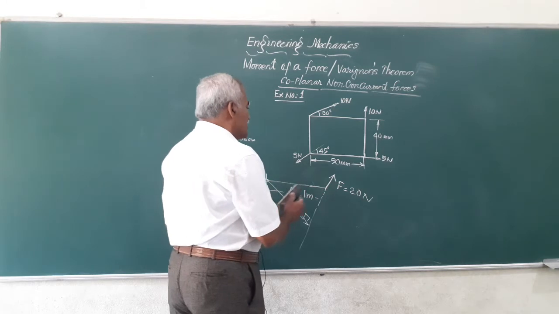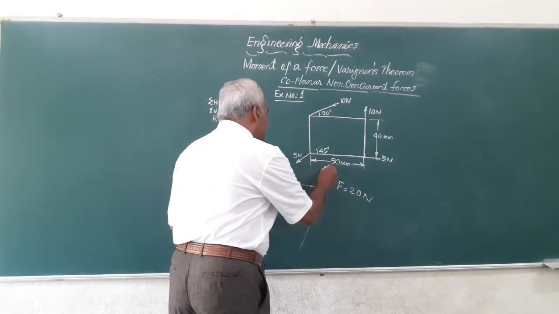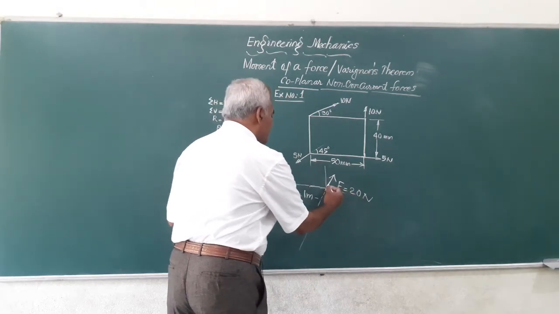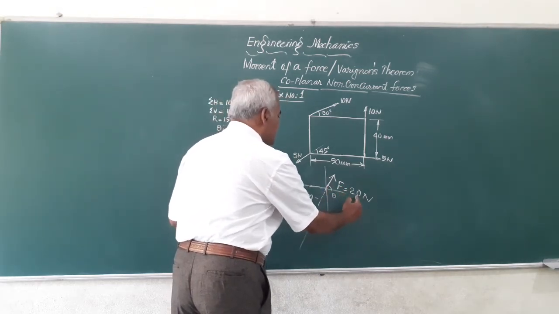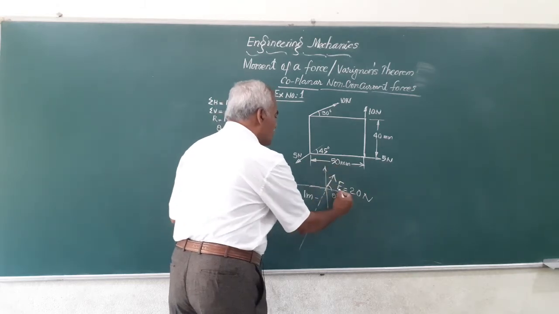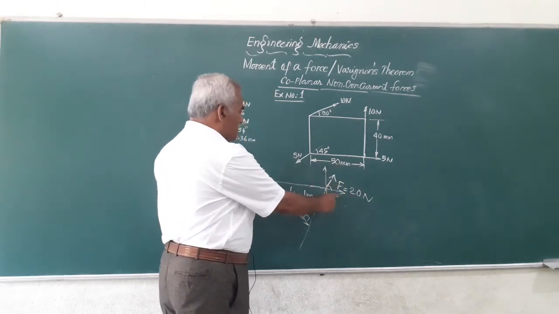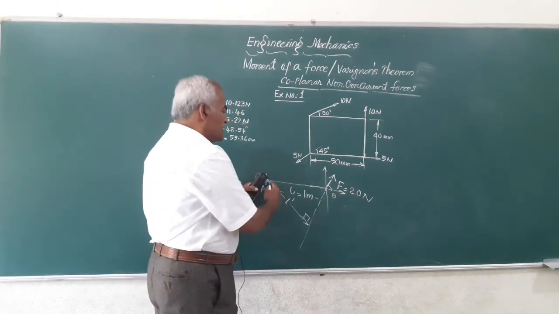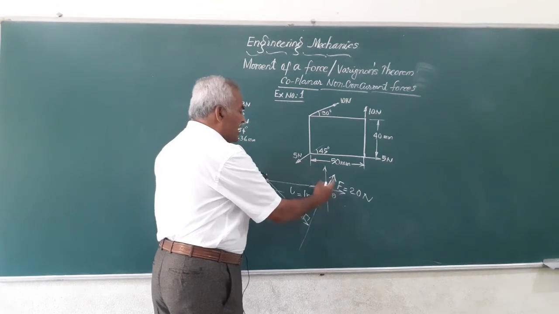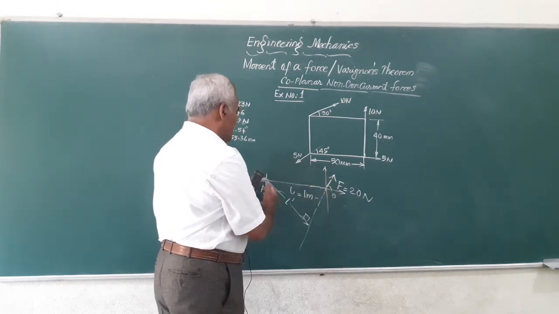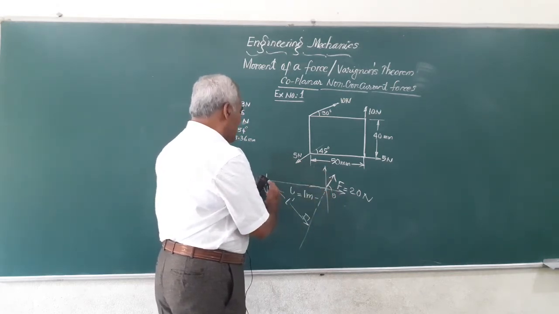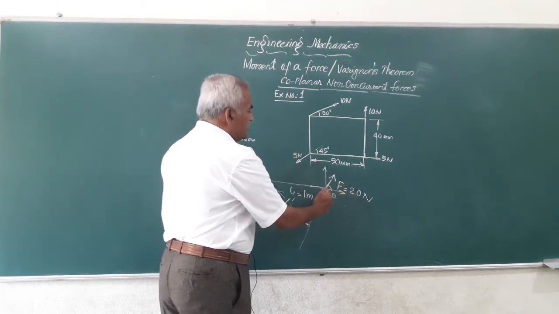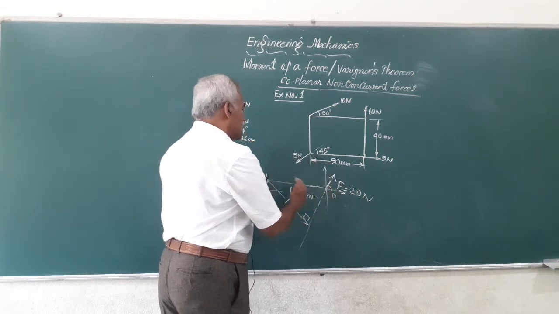And friends, this can also be found out by taking the split components of this F. Say if this angle is theta, F cos theta and F sin theta will be the two components. This F cos theta is passing through the point A about which you are taking moments, so it is not going to give any moment, and only this vertical component will give you a moment, of magnitude 20 sin theta into this distance.